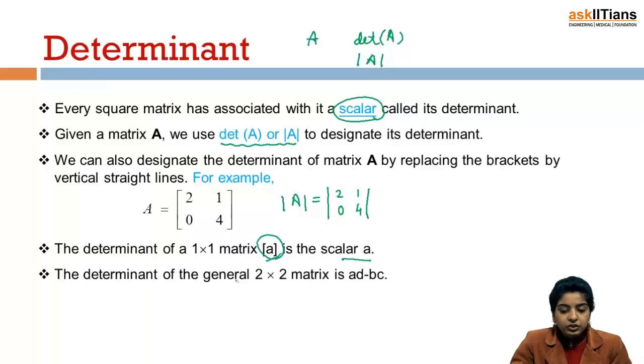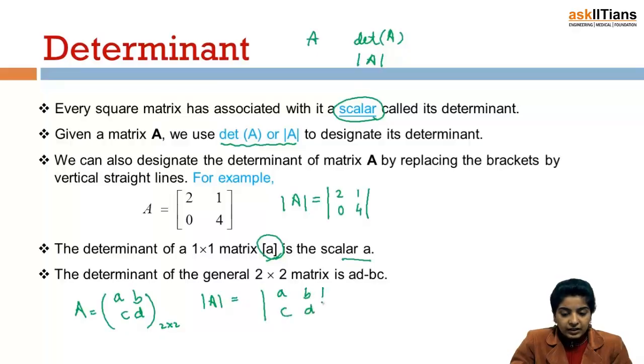The determinant of the general 2 cross 2 matrix. General 2 cross 2 matrix is this. If I take A, B, C, D, this is the most general 2 cross 2 matrix. And so determinant of A would be this and this. How do we find out the determinant?